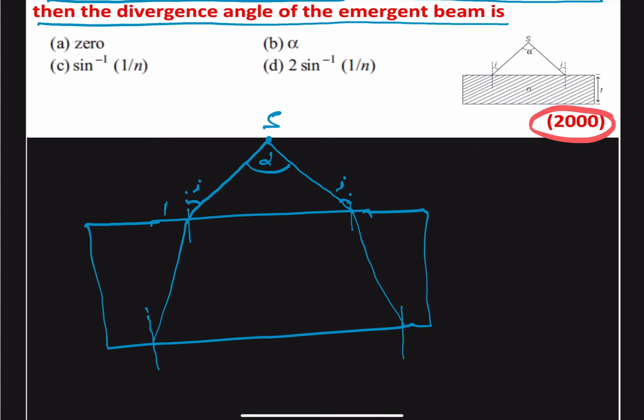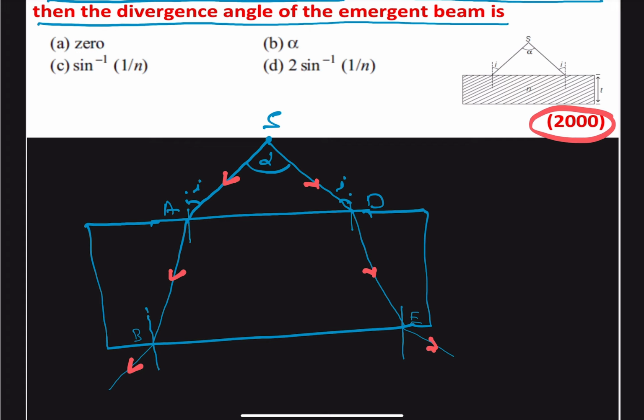Let us call this A, this D, this E and this B. For the other end, the ray will be moving away from the normal, in this direction.